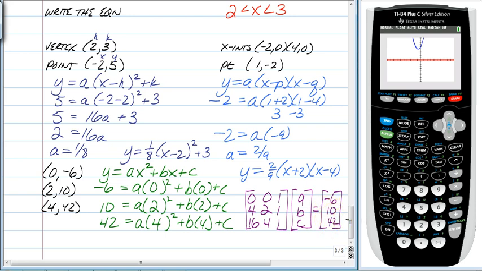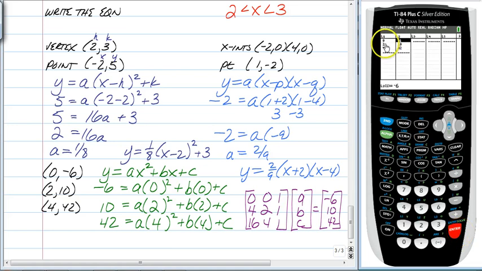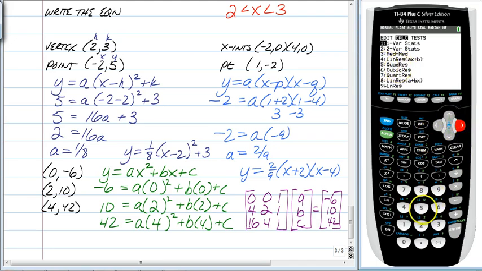Now, because I have taught you a lot of secrets with your graphing calculator, remember, you need to use inverse matrices to show me all of this is how it was solved. But if you press Stat and click Edit, remember, you can type in your x and y's into L1 and L2. Then you can go to Stat, slide over to Calc, but remember, this is a quadratic, so we can use number 5, quadratic regression.